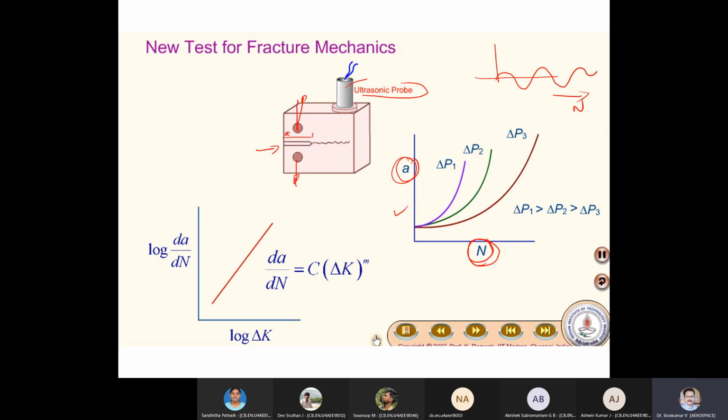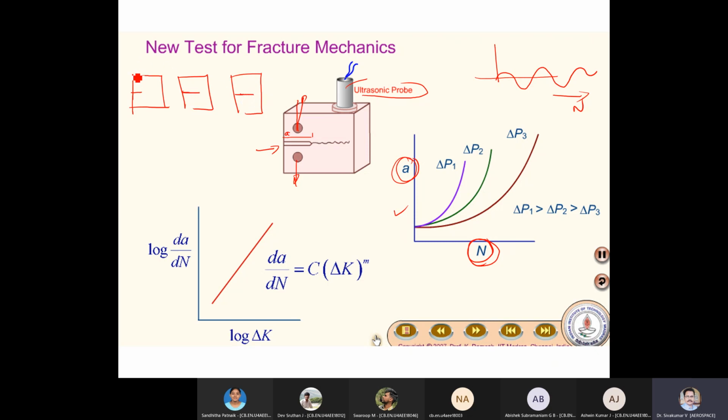So I have three specimens: 1, 2, 3. Same material, same dimension, but one has a small crack length, another a bigger crack length, another a bigger one still.